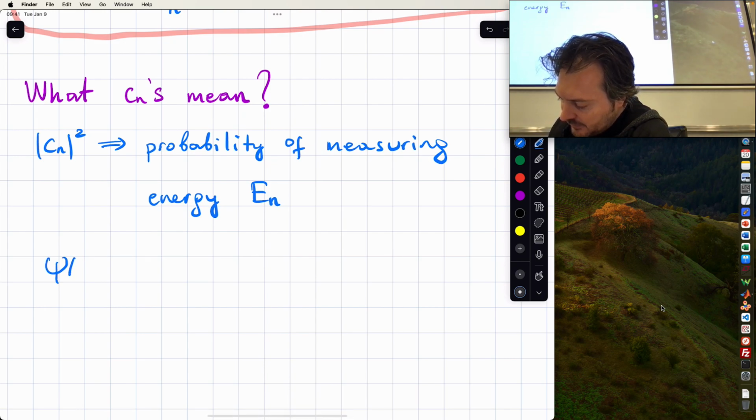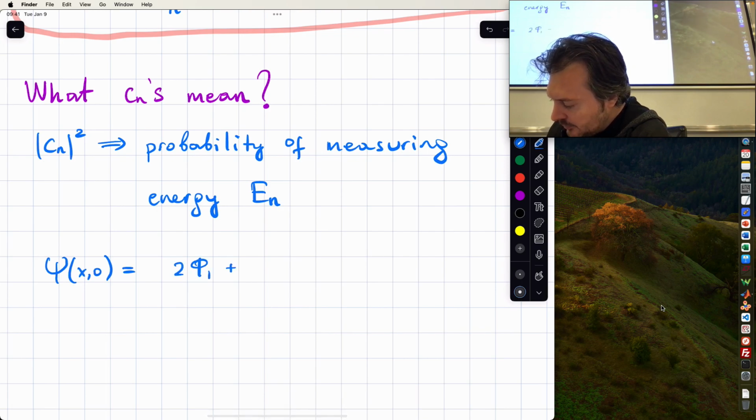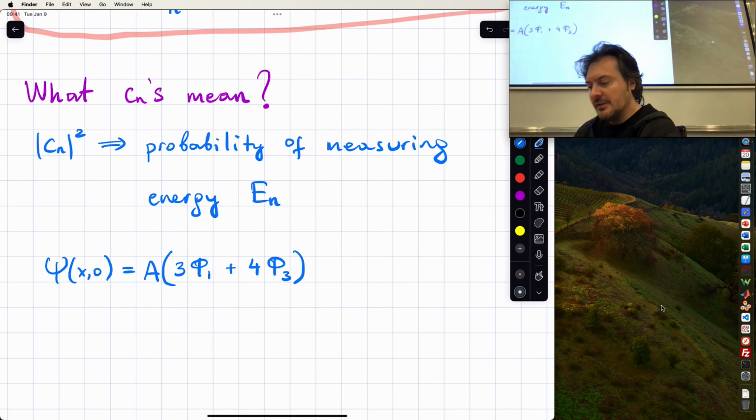Let's remind ourselves. If I start with something like this, 3 phi 1, 4 phi 3, and there is A. How can you find A?